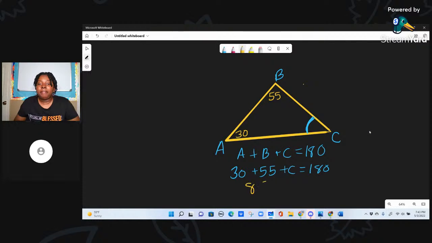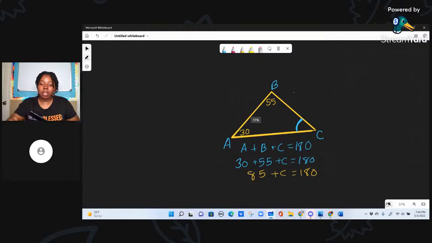So we have 85 plus C equals 180. What can I do with 180 and 85 to solve for C? Subtract, right? So we're going to do 180 minus 85.